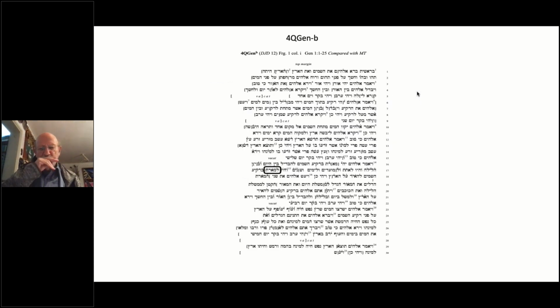And finally, look at this text, which according to my color coding is only black. So this is a completely Masoretic text with the exclusion of a detail in line 17, which should have been green.